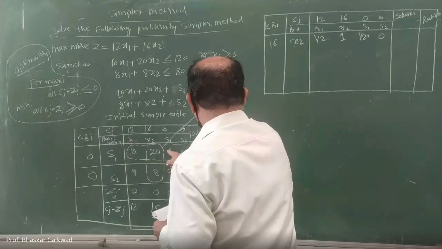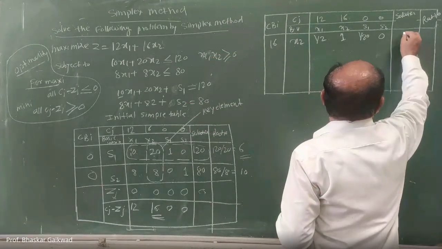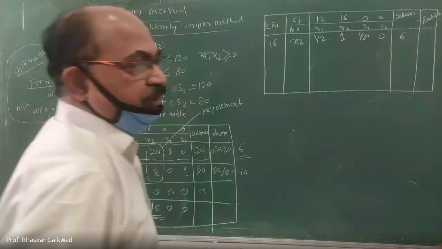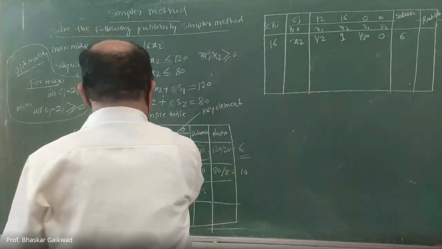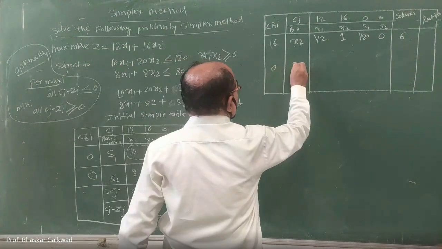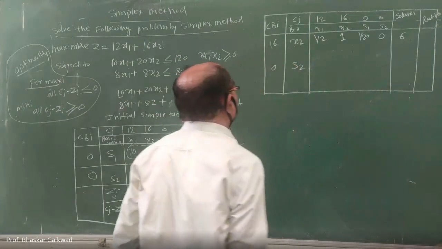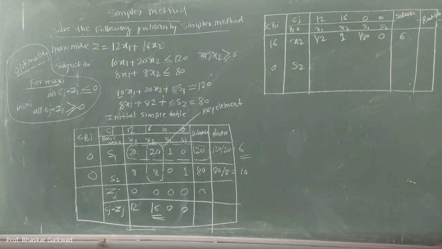And 120 divided by 20 is 6. Clear? Our key element is very important. You have to divide each element of the corresponding row by the key element. Now the next thing: here we can write as it is. This value we have to calculate.